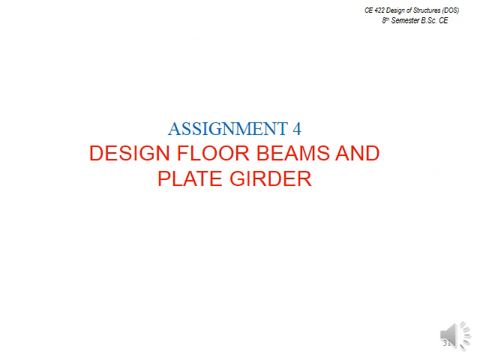Finally, your assignment is you have to design the floor beams. The beam moment capacity and shear capacity are now with you, so you can go for the floor beam design. For the plate girders, only the proportioning is required; complete design is not required.